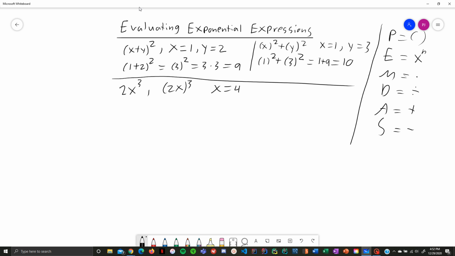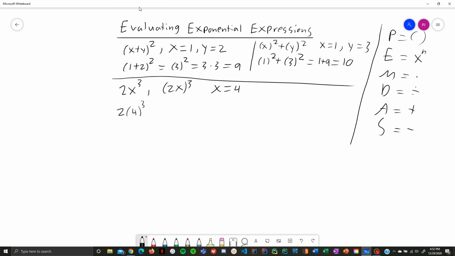So we plug in 2, and then we have to put whatever the value of x is, since we know to do exponents first, x is raised to the third power. So this is going to be its own separate exponent problem, because again, there's no parentheses, but then we see that we have to raise x to the third power, and x happens to be equal to 4. So what this is really going to be is 2 times whatever this result is.